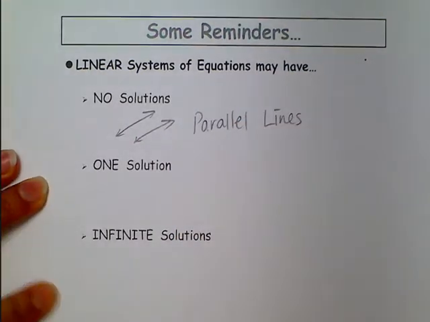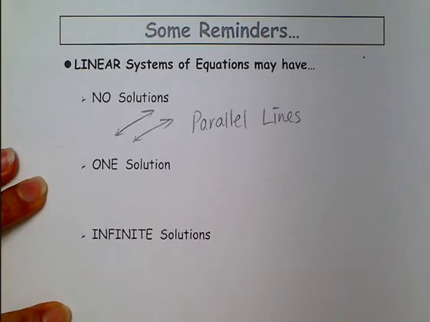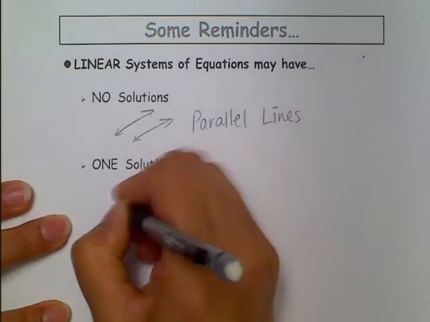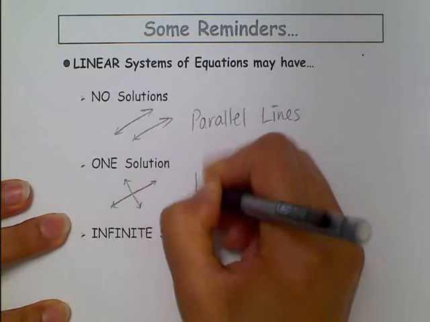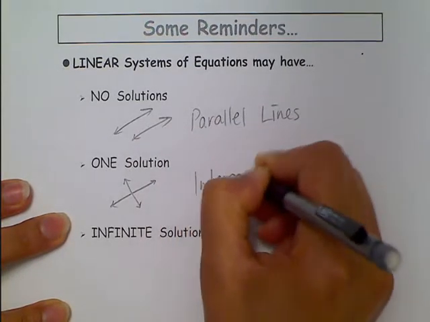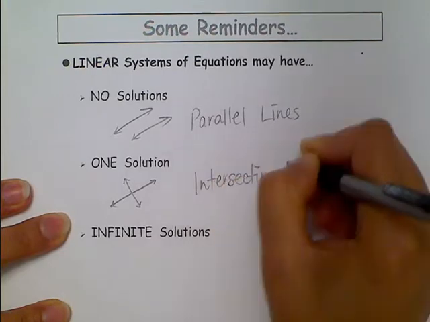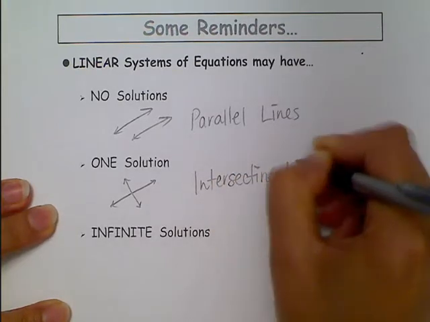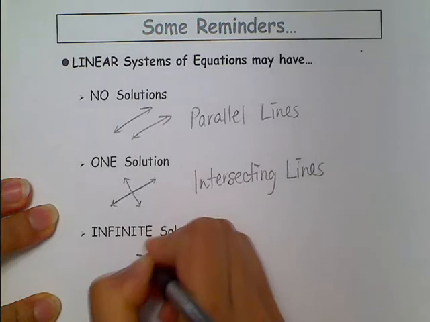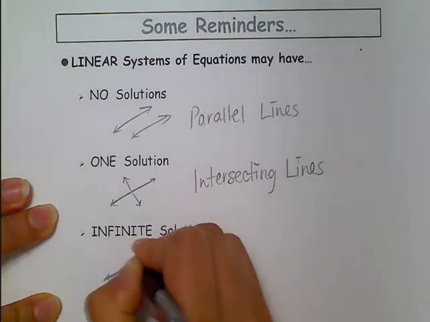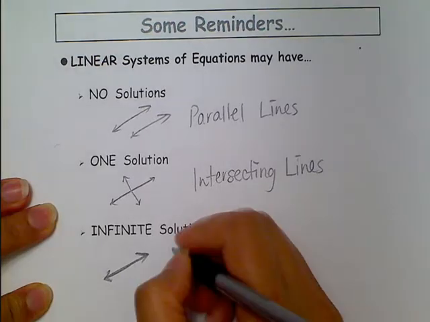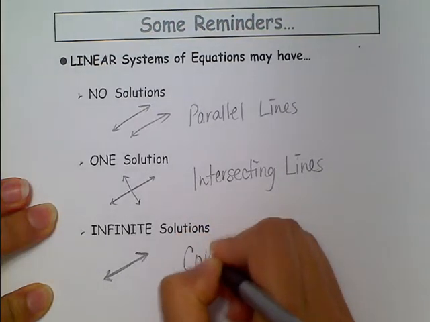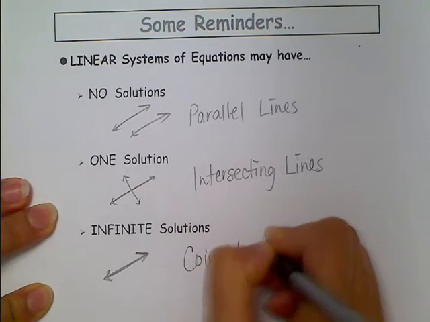You could also have one solution if the two lines actually intersect, and we would call these intersecting lines. And you would have an infinite number of solutions if you had two lines with the exact same equation. Those two lines would overlap each other, and so they would be coincident lines or equivalent lines.